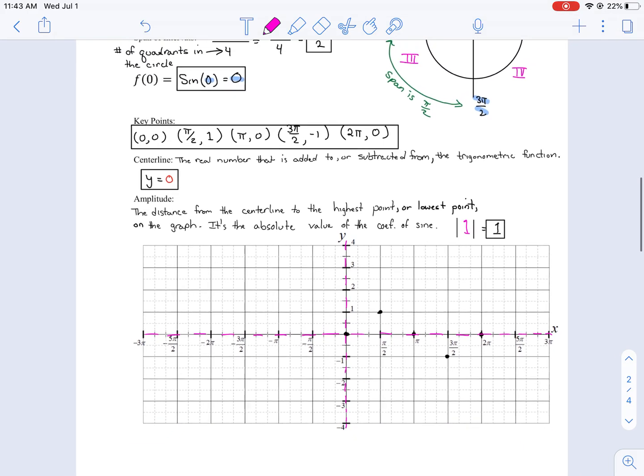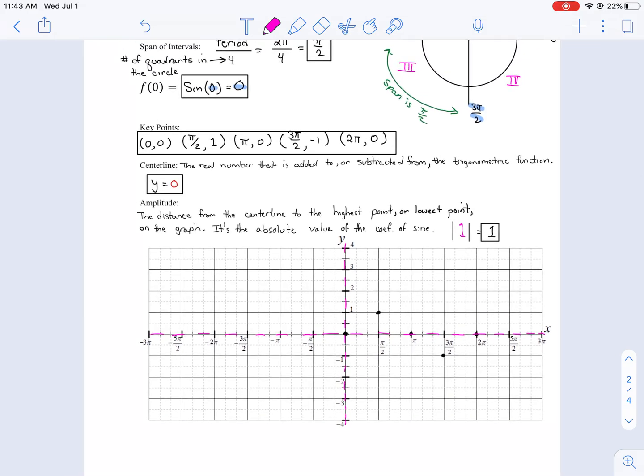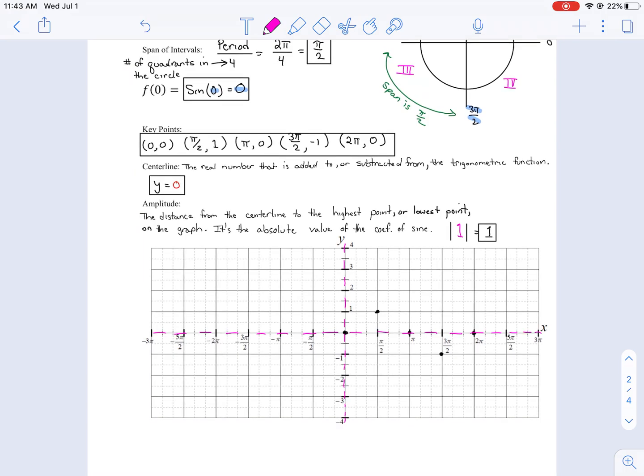So since the span of intervals is pi halves, I'm going to put another vertical line through pi halves. And then another vertical line through pi. And keep going, like such.